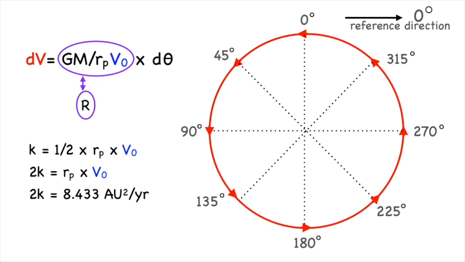We found k moments ago, and 2k equals 8.433 astronomical units squared per year. GM, as it happens, equals 40 astronomical units cubed per year squared.